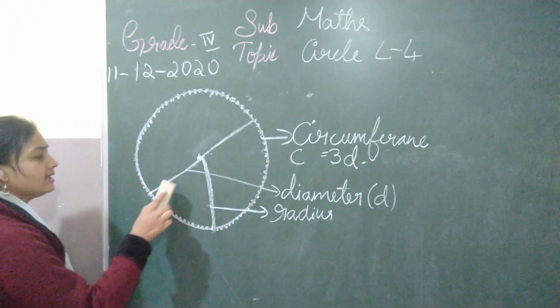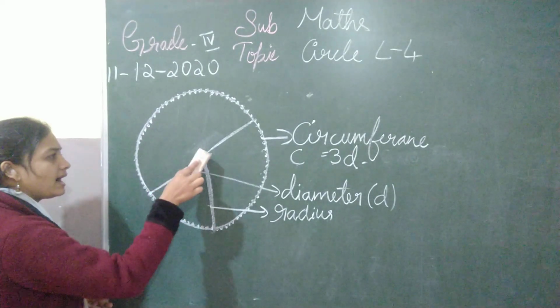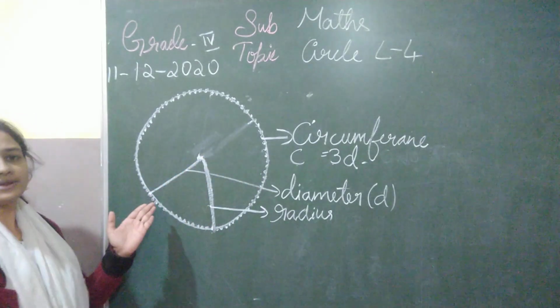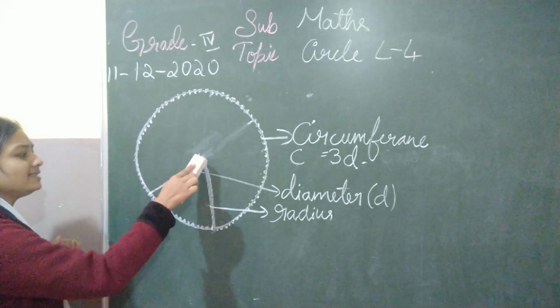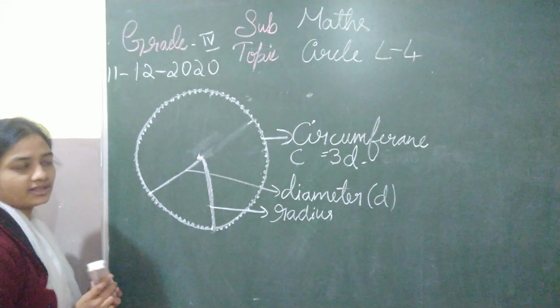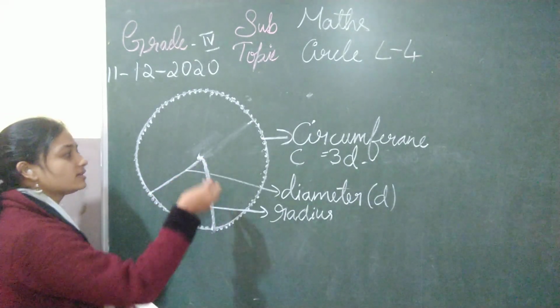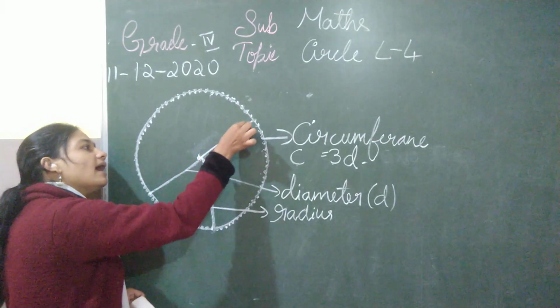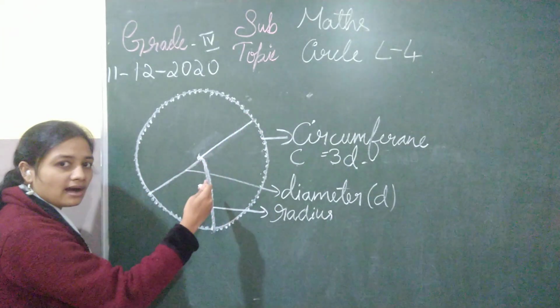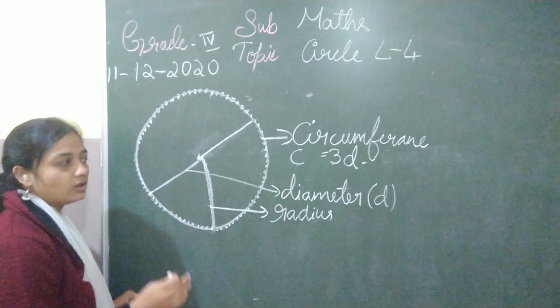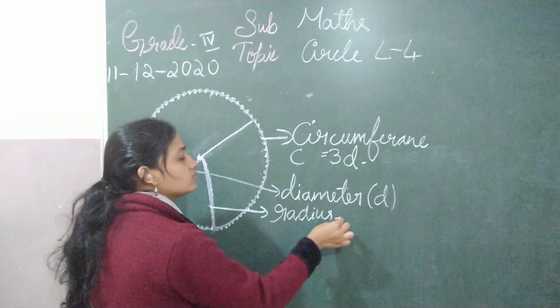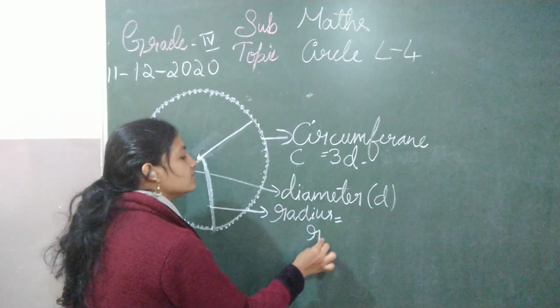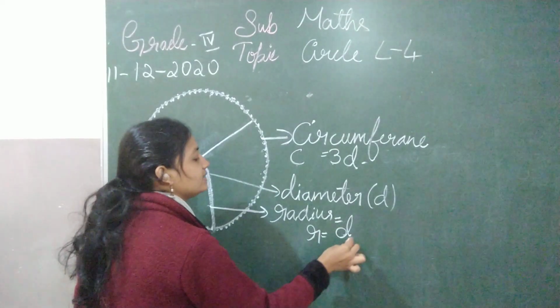So just see here, if I rub out half of this diameter, it becomes a radius. When I make the diameter into half, you get the radius. So radius is always calculated with the formula half of the diameter.